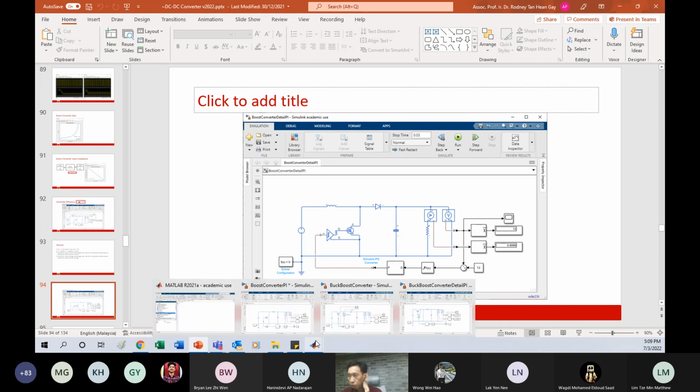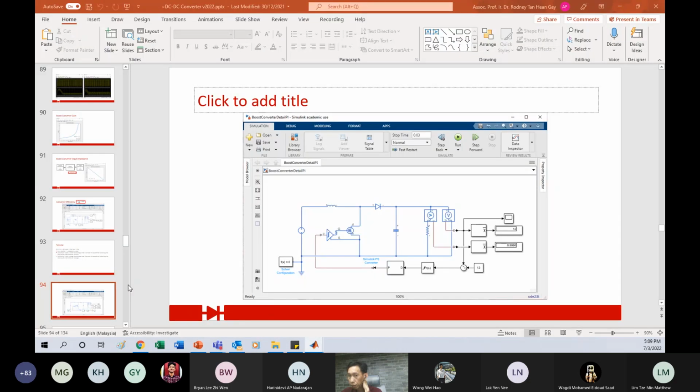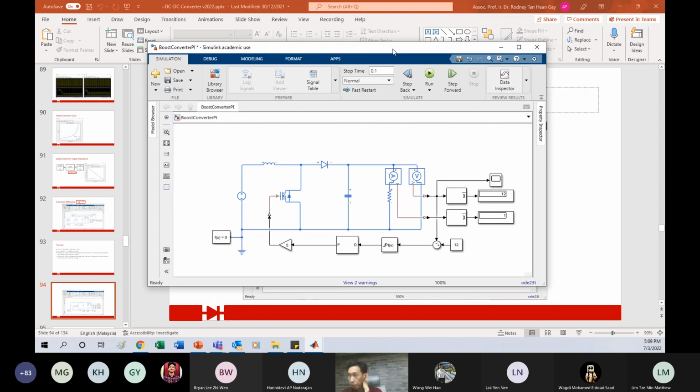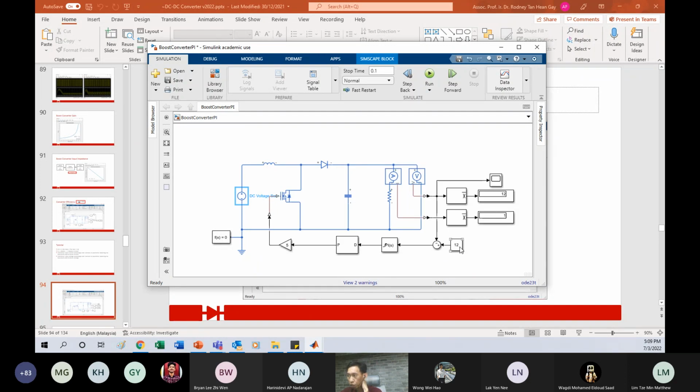Here I will show you one of the examples, the MATLAB examples. As we see here, our input is only 5 volt, and we want to boost it up to 12 volt. So the reference here we set to 12 volt.